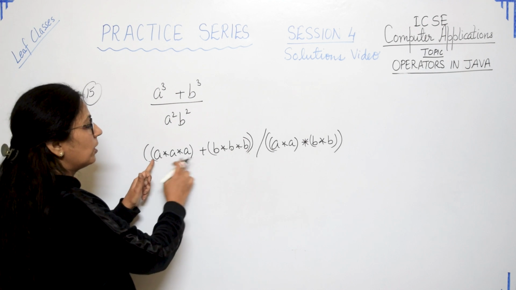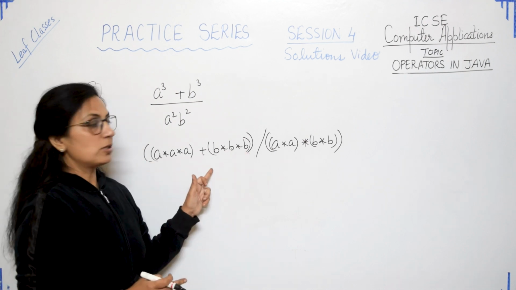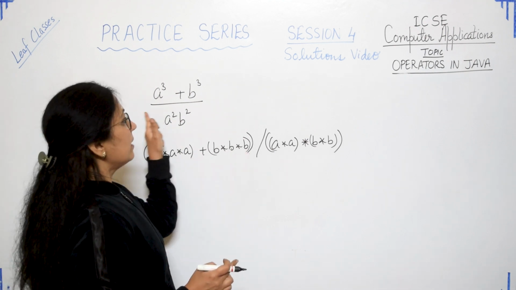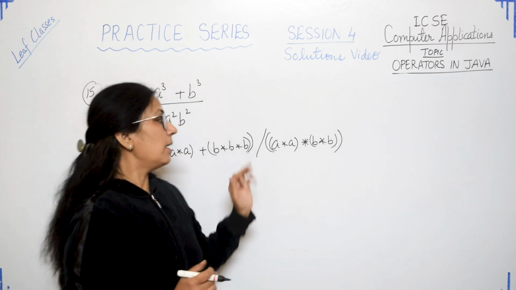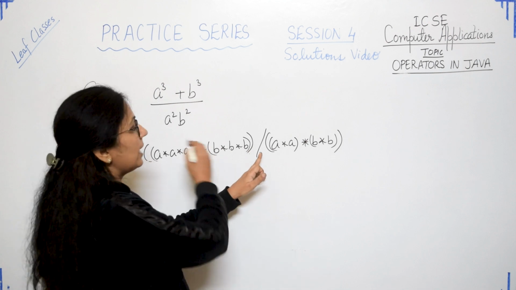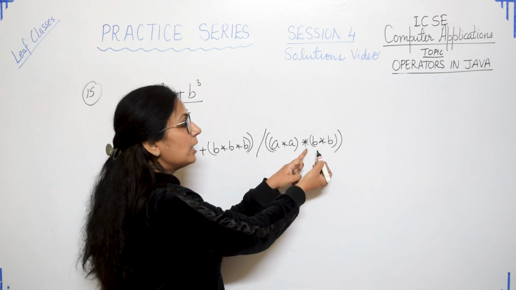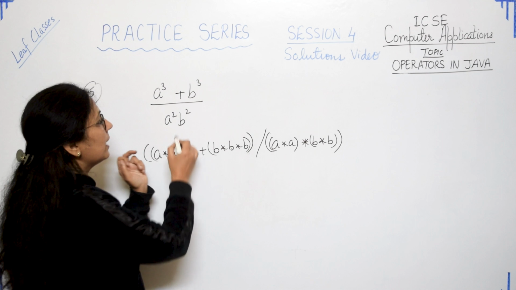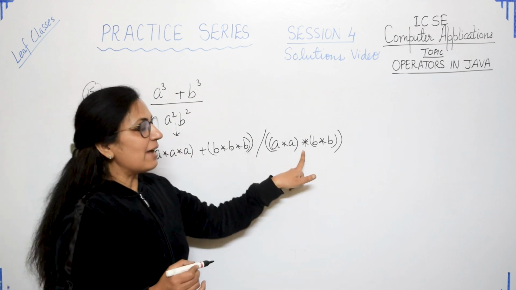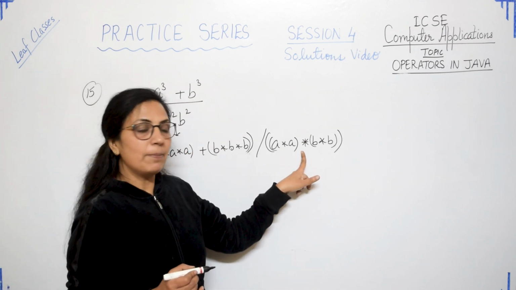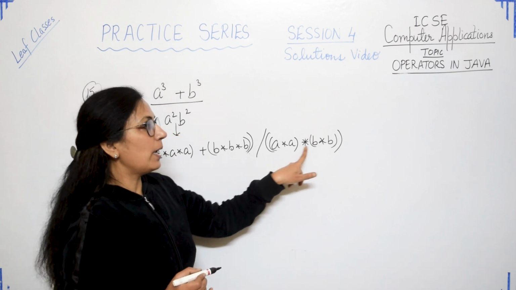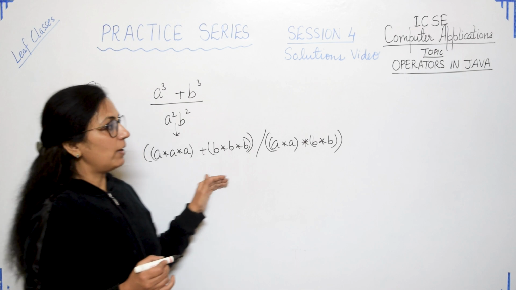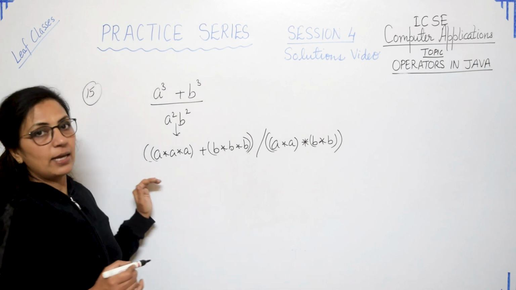Even if you don't put these within the bracket, that is also perfectly correct. And then for division we will always use the slash symbol. Slash I have used here, and a square, a into b into b. See here there is no symbol, but in Java we have to put the multiplication symbol. So the multiplication symbol will be here, a into b into b. This is how we write the Java expression for the given expression.